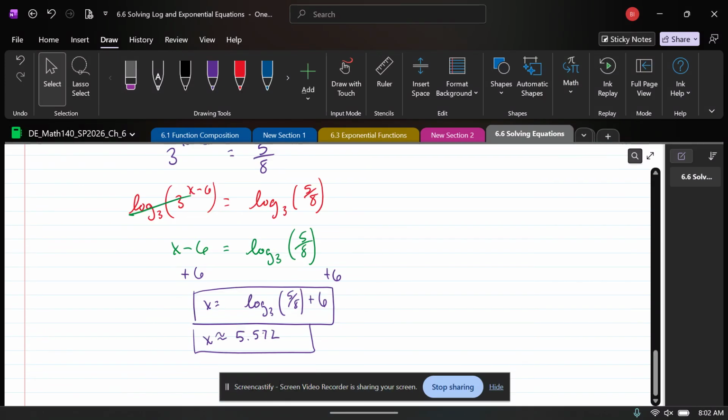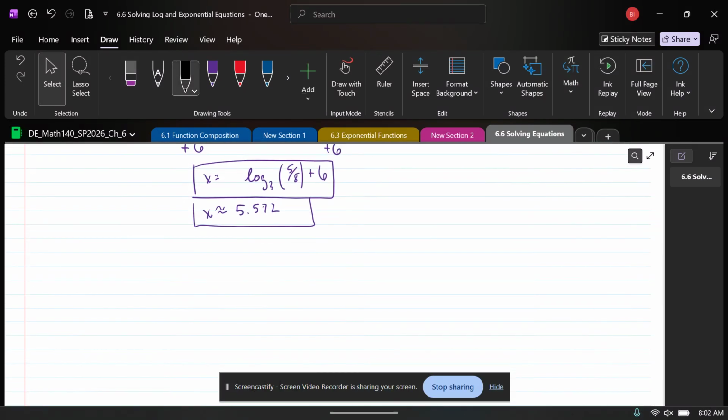So let's do a couple where we've got an exponential on both sides, which are the more difficult problems. So let's start with something like this: 5 to the x minus 2, and then 2 to the 3x plus 1, something like that.